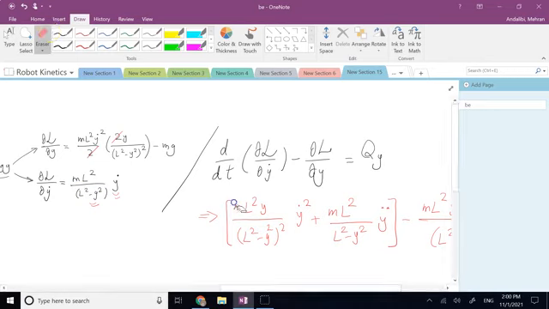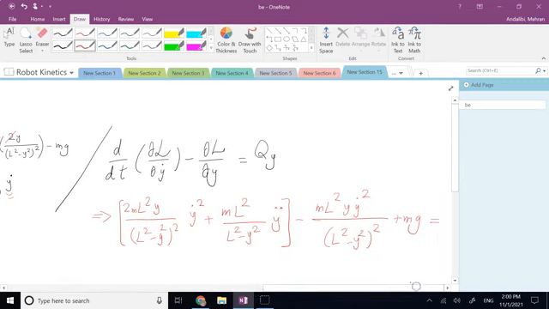Yes, so there is a 2 here. Everything else looks correct. Now these two terms, as you can clearly see, are the same term, this one and this one, except this is 2 and that is 1, so I can simplify one of them with this one, and the rest of them stay.